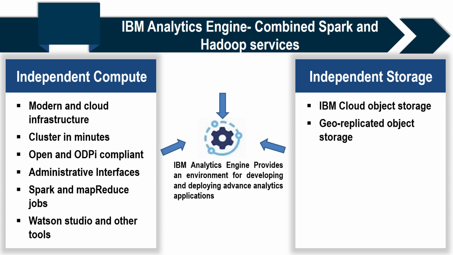So you can have your data reside in object storage, but you create the compute node in Analytics Engine and process this data. You can apply machine learning models in this environment, get the results, and store them back in object storage or any other storage of your choice.